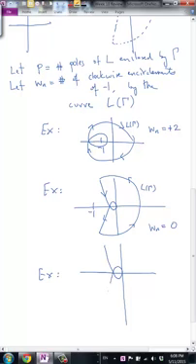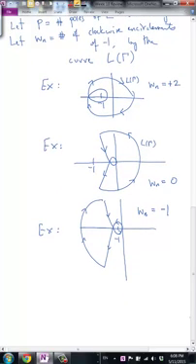If gamma looks like this, and minus 1 is in here, then Wn is equal to minus 1. So we see various different possibilities. So this is P, this is Wn.